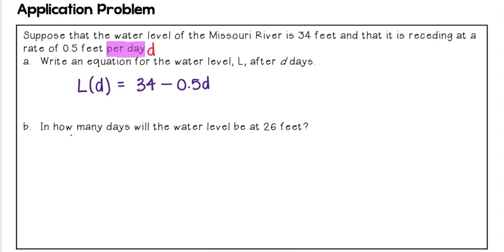So I'm trying to find, I don't know what D is equal to. I want to try and find that. But I know the water level is 26 feet, so I know that L of D is equal to 26. And so, just kind of like what we did in 3.3, I'm going to replace L of D in my equation here with 26.